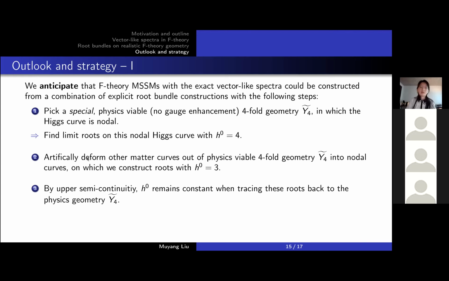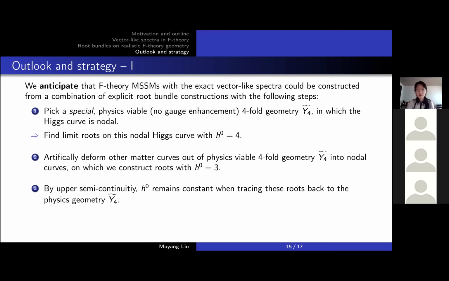Then, for the rest of the matter curves, we artificially deform them out of the physically viable fourfold geometry Y4 tilde. And we also deform those curves into nodal curves, such that we can apply my previous procedure to construct roots with H0 counting as 3.